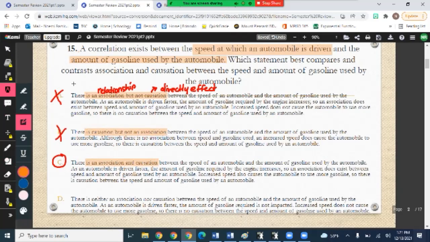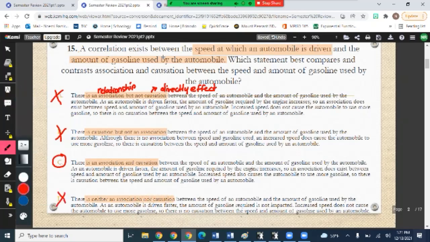They are related and they do affect one another. D, there is neither an association nor causation, meaning they're not related, they don't affect one another. It's not D, it's C, okay? Look at all that time I saved by not having to read the rest of it. Find your variables. Do they directly affect one another or are they only related, okay?